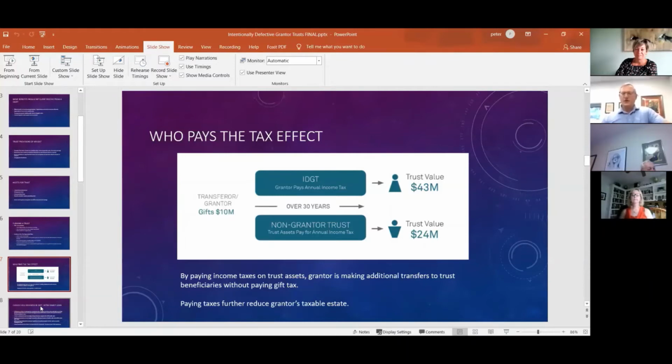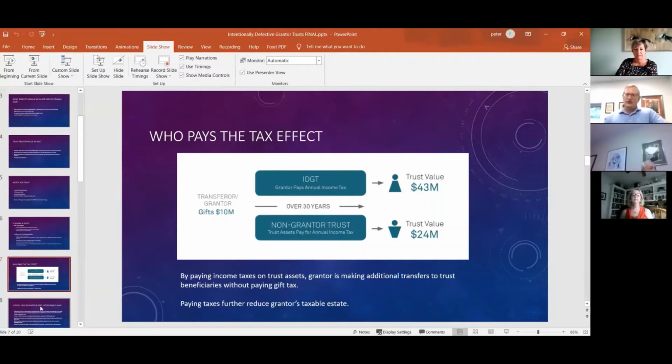Over the next 30 years, if we use the cash flow from that asset to pay the income tax, we will have transferred $24 million to the next generation without any estate tax. That's 2.4 times the asset that we put in, which we have now transferred without any type of transfer tax. That's a pretty good deal.